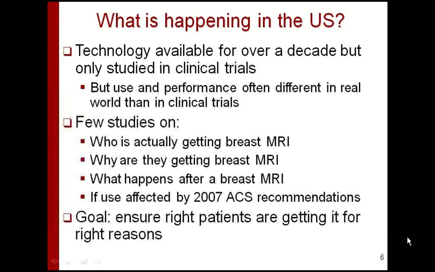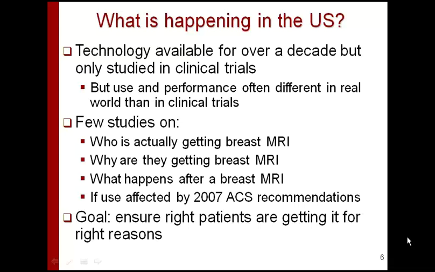So what really is happening in the U.S. with breast MRI? We actually don't know. We don't know how it's being used in the real world. We know the technology's been available for a decade, but it's really only been studied in controlled trials or controlled settings. And we know that use and performance is usually different in the real world than it is in controlled studies.